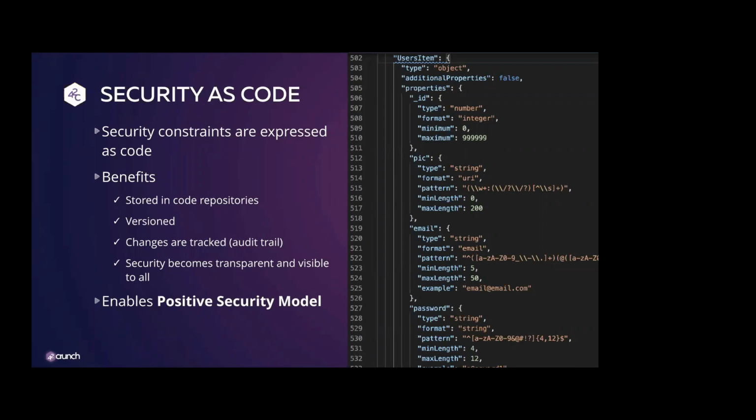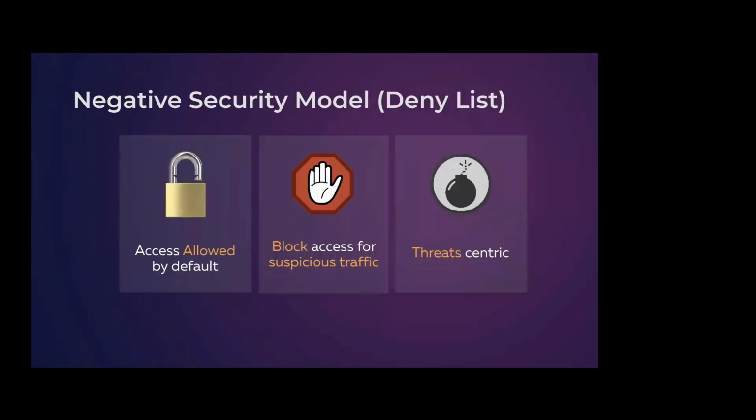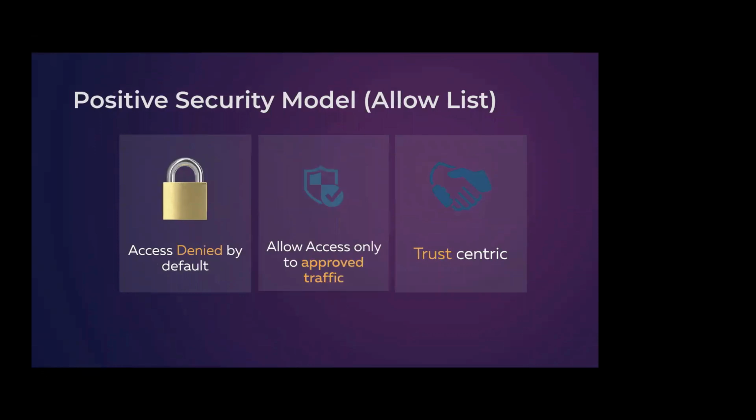What that means is, instead of focusing on threats and how to describe threats and maintain a list of signatures and threat descriptions, maybe massive regular expressions, whatever it is, we're going to focus ourselves on describing what we want to allow to come in, right?